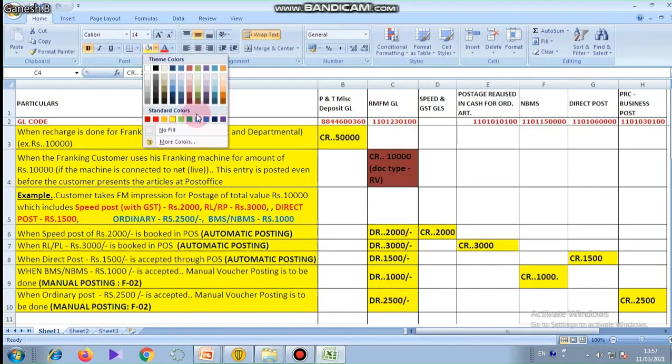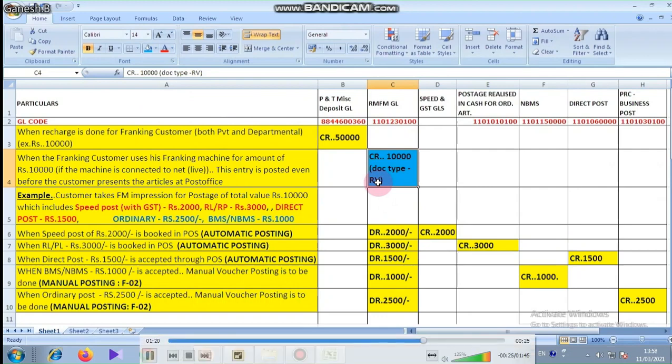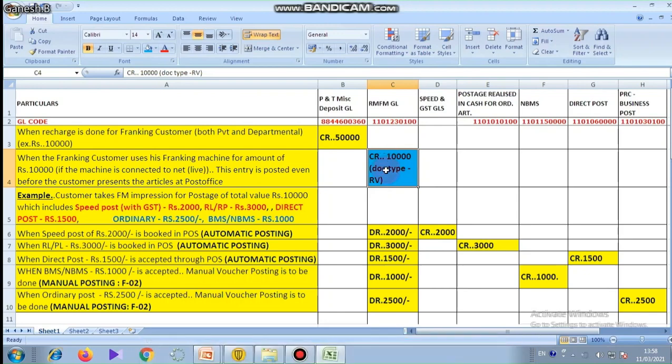Okay, but the problem we are facing is that many are not making a voucher posting for these two, bill mail service and ordinary post, because of which this amount is still remaining in RMFM GL itself as unutilized. Okay, so only when you do voucher posting correctly, then your RMFM accounting will be in the correct path.